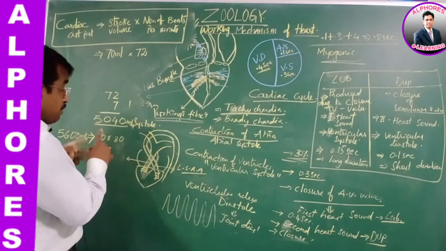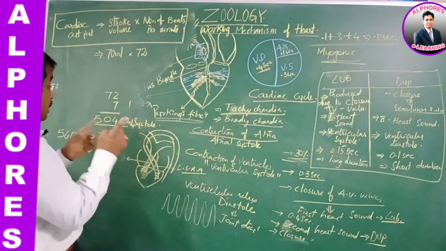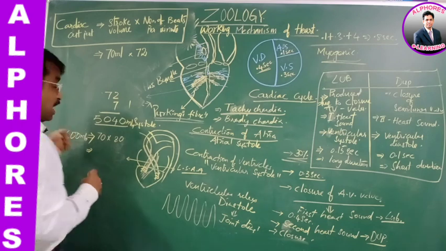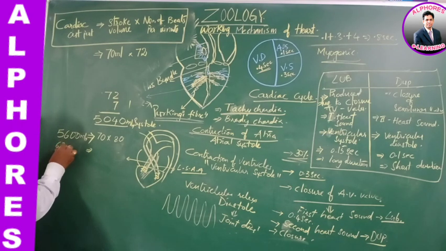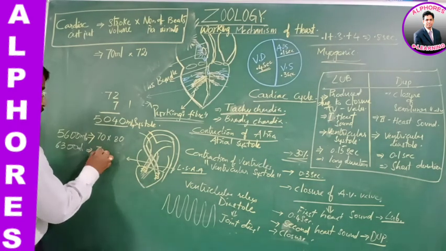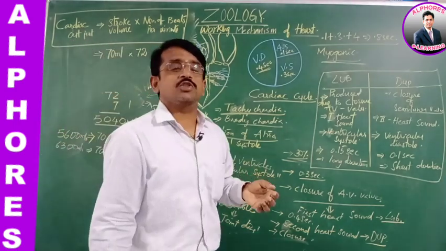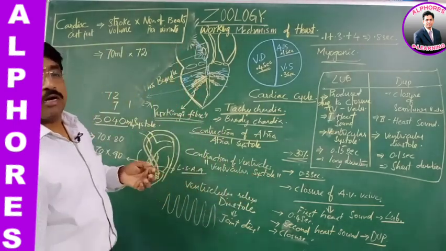If the number of beats is given, you can calculate cardiac output. If a cardiac output is given as 6300 milliliters, then what is the number of heartbeats? It is none other than 90. 70 into 90, 7 9s are 63, 6300 milliliters.